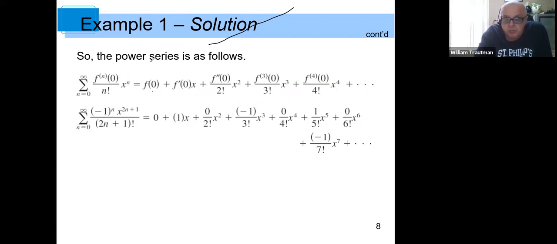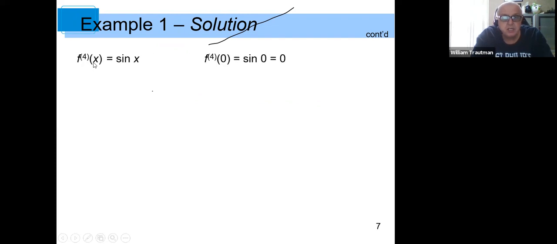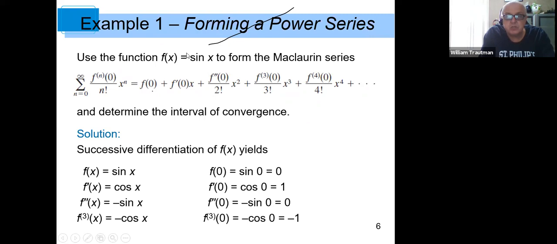Go back, if you want to go back to look. There we go. So we start out with sine x, there's the first. We put 0 in sine x because it's Maclaurin, so we're going to say c equals 0. We get 0. Cosine of 0 is 1 once again, and then we go back and forth. So I just wanted you to see that. So when we move on.